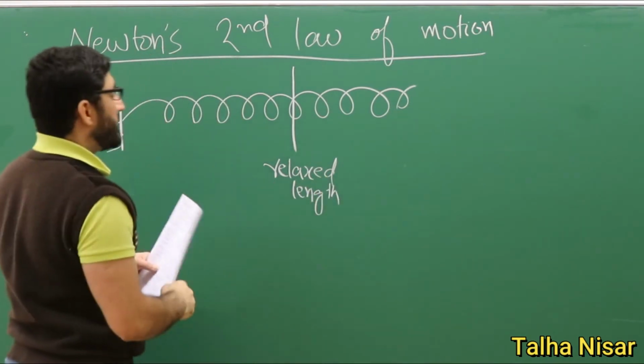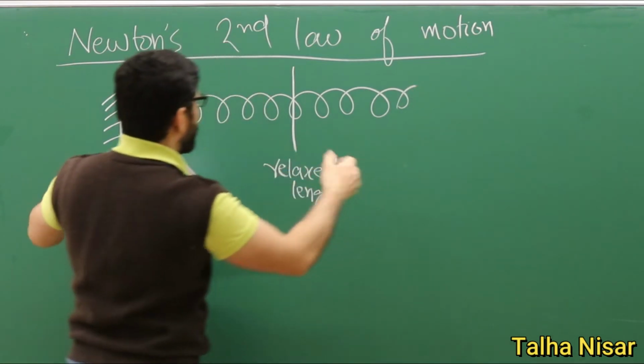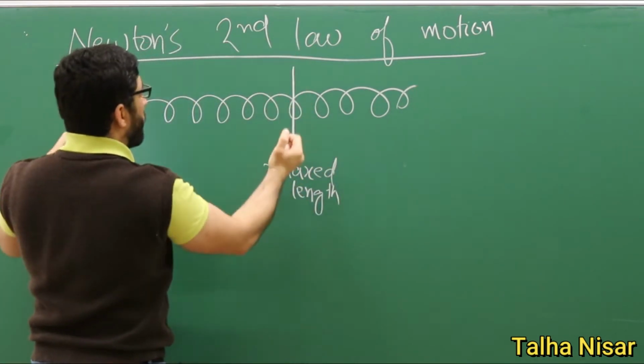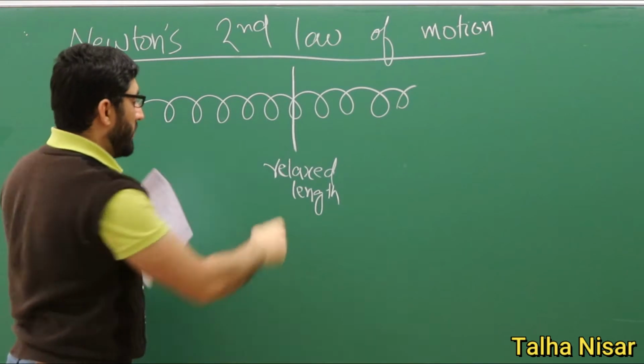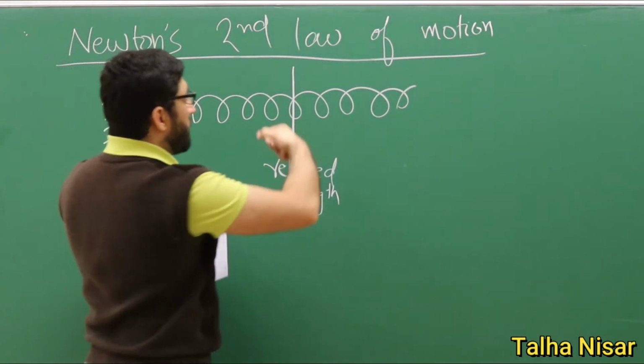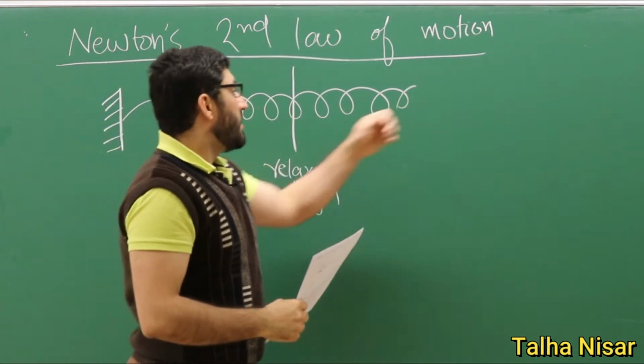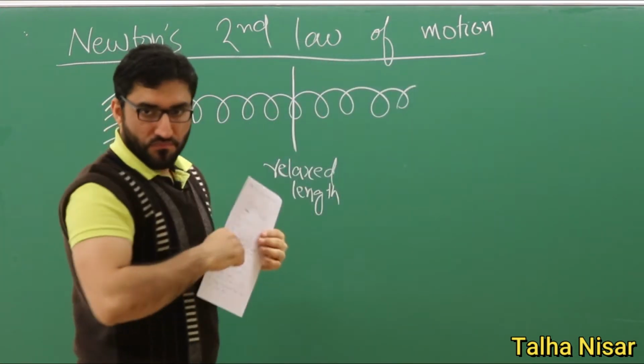Relaxed length means that whenever we do not apply any force, the normal length of the spring will be this one. We call it the relaxed length. And when we stretch the spring in this direction, the length will be extended, right?